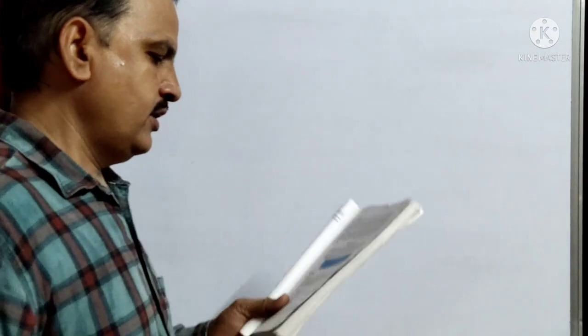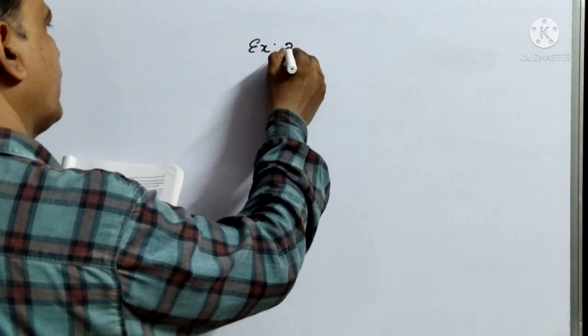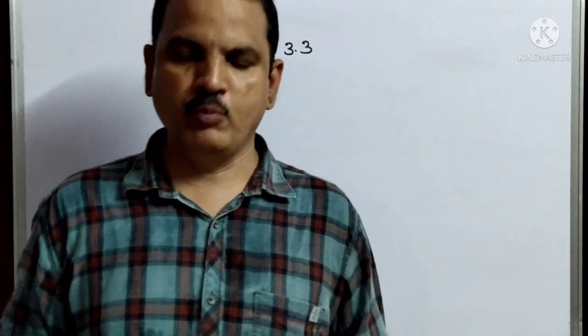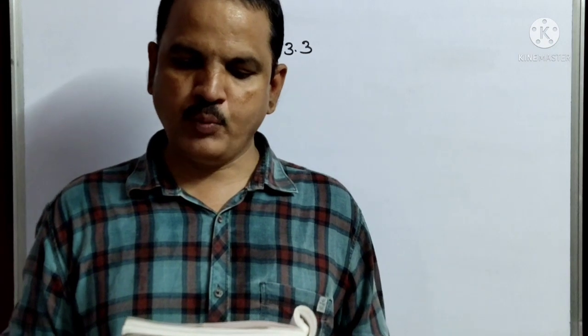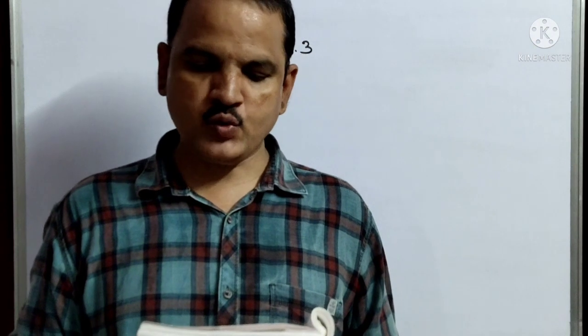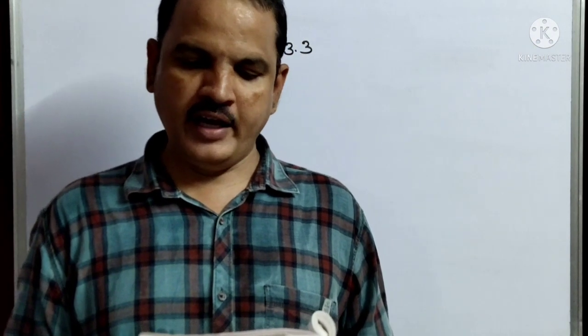Now see the textbook page number 65, children. That is exercise 3.3. You can do it as homework. First question: in which quadrant or on which axis do each of the points (minus 2, 4), (3, minus 1), (minus 1, 0), (1, 2), (minus 3, 4) lie?